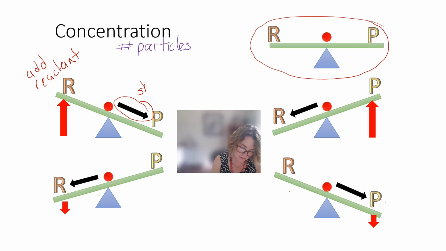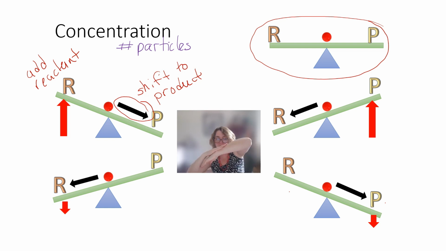So that means that if I add more reactant, that equilibrium is going to shift to the products. What's actually happening is that I am shifting the reaction towards the products. So more reactant is reacting to create more products, right? So until I have lifted that back up so it comes back up to equilibrium.